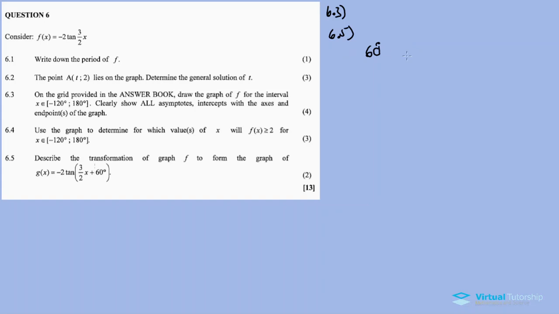There's a 60 degree shift, or the graph is shifted. Is it? Okay, wait a minute, because now it's a fraction here, and then it's a plus. Let me check something.